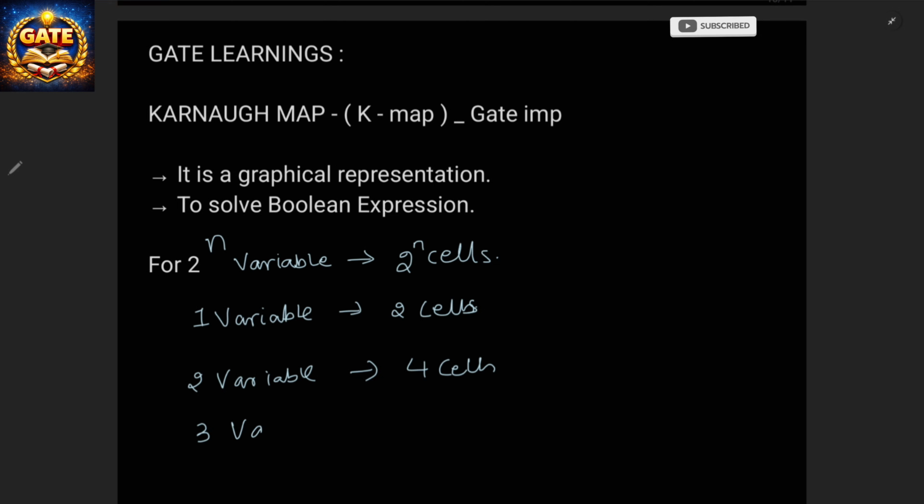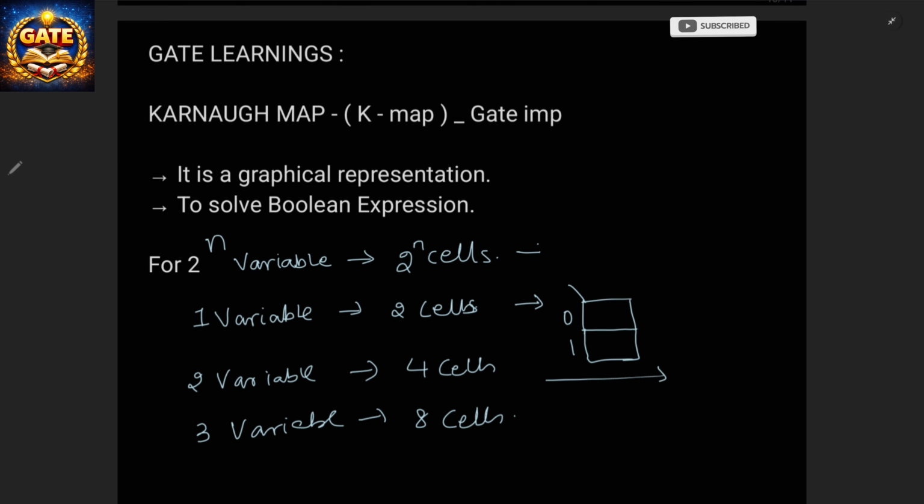Three variables, you have eight cells. So how are these cells represented? For two cells, we represent them like this: these two cells for one variable, 0 and 1.